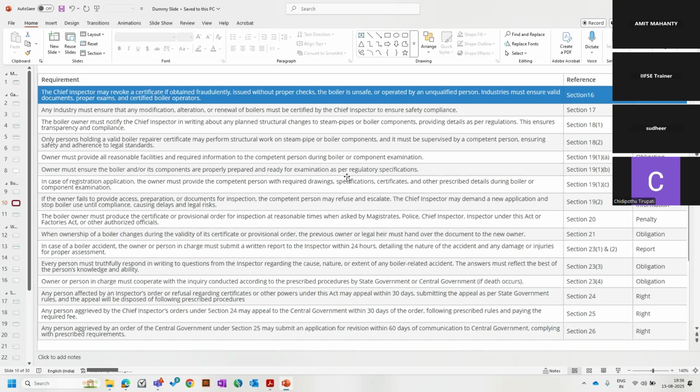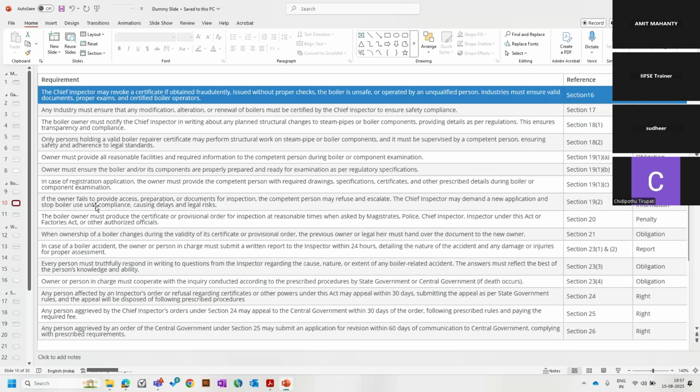So, in the case of a registration application, the owner must provide the drawings and also certificates and other required documents to the competent person for examination. Otherwise, you'll get penalized.